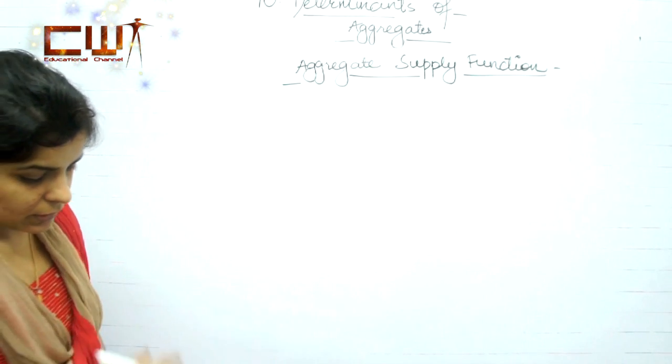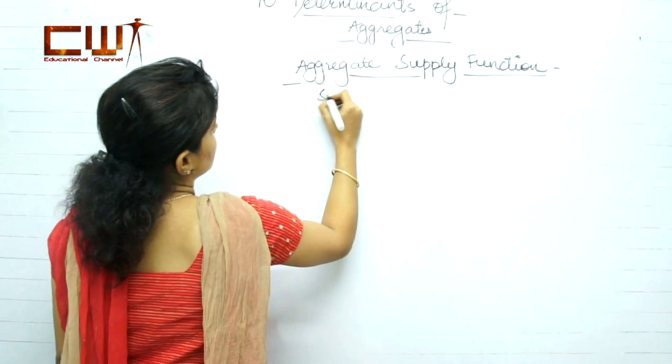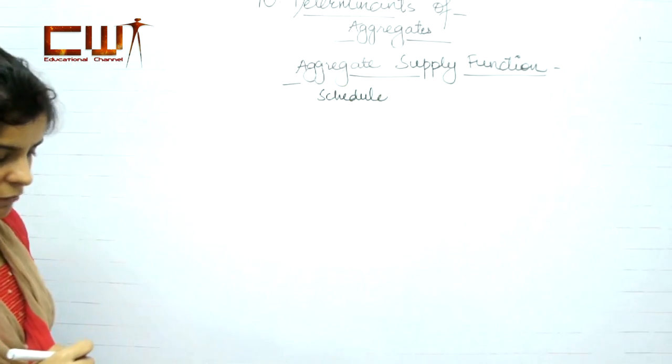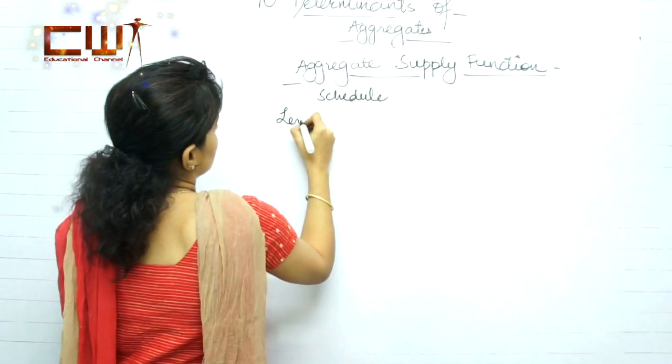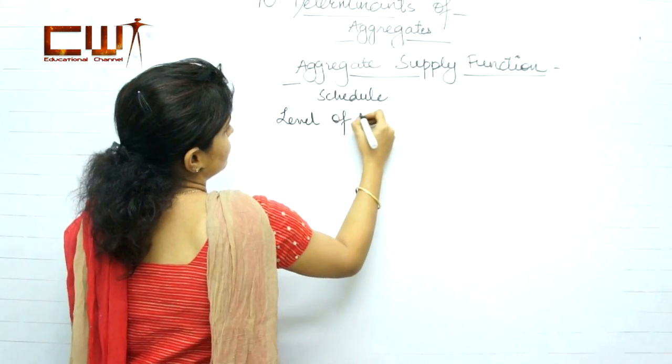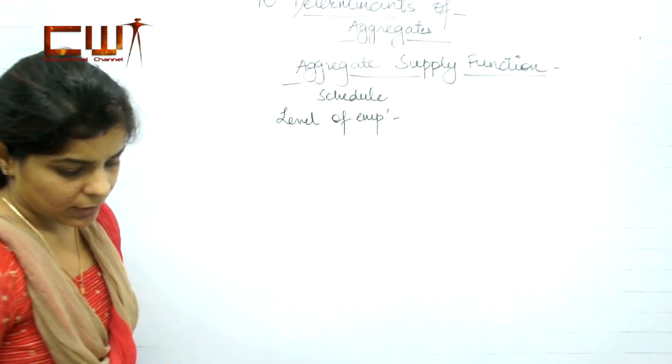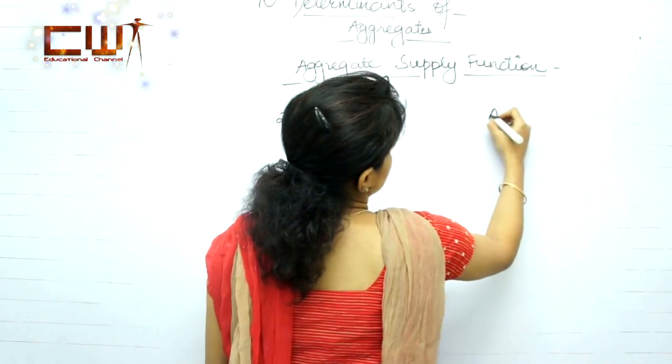I'll just make a schedule for you. You have the level of employment, and then you have the aggregate supply price.